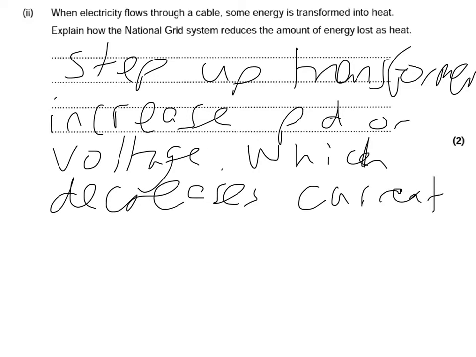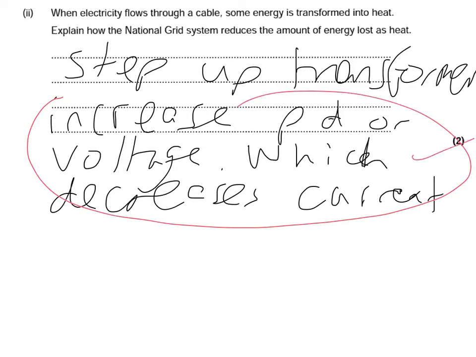Any of that bit there, so the idea that you're doing any of this, is worth 1 mark. It's only 1 mark for both of those. You could have increase PD, 1 mark, decrease current, 1 mark. And the idea of saying a step-up transformer is not necessarily required.